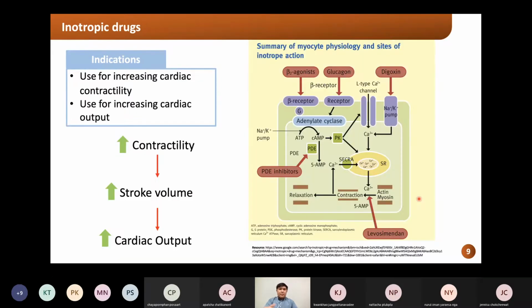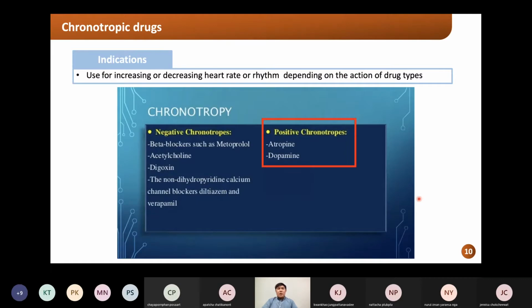And I'm going to move fast about the inotropic drugs because there are a lot of things to talk about. All right, so another one is the chronotropic drugs. This drug is used to increase or decrease heart rhythm or heart rate.